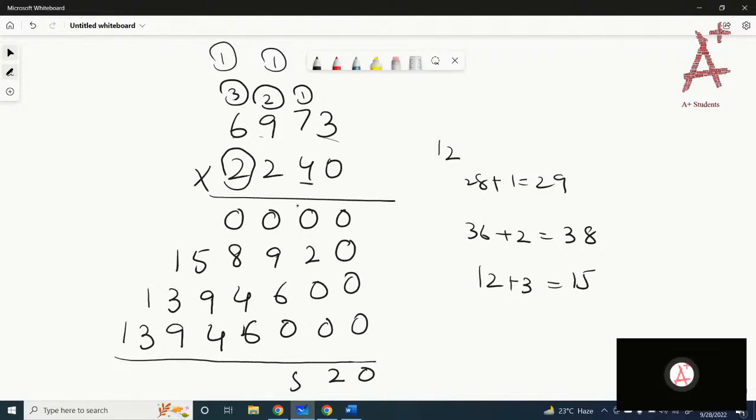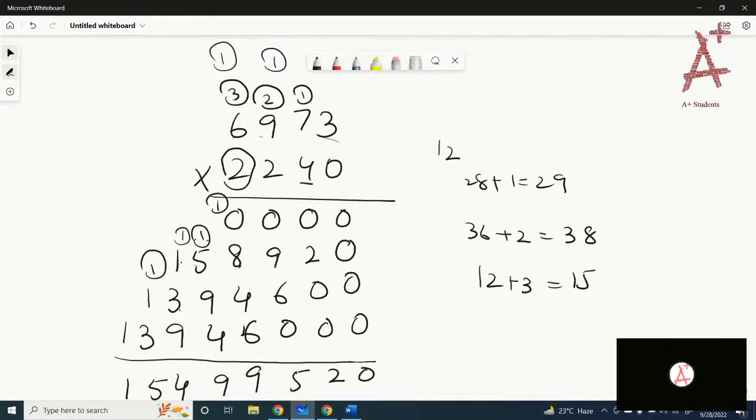So you have 5 over here and you have to carry 1 over here. 8 and 4 is 12, and 6 and 4 is 10, and 8 is 18, and 18 plus 1 is 19. 9 over here and carry 1. 9 and 1 is 10, and 5 is 15, and 4 is 19.